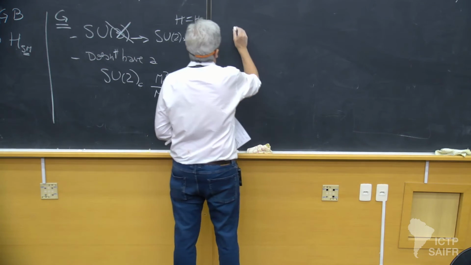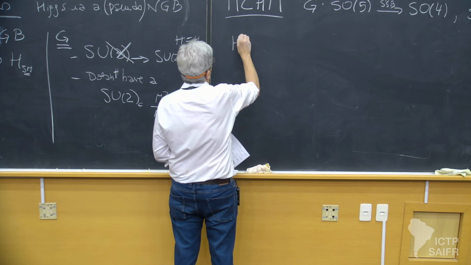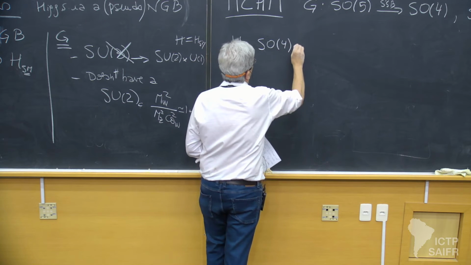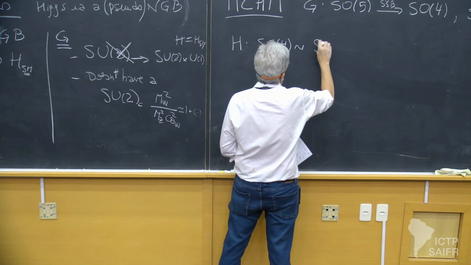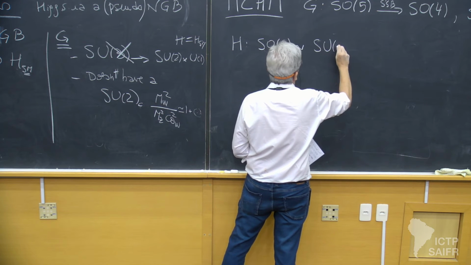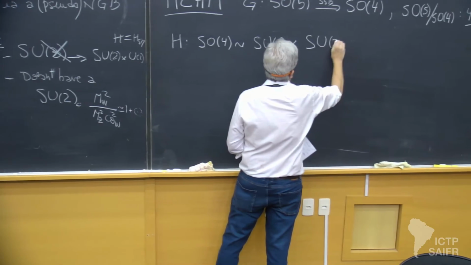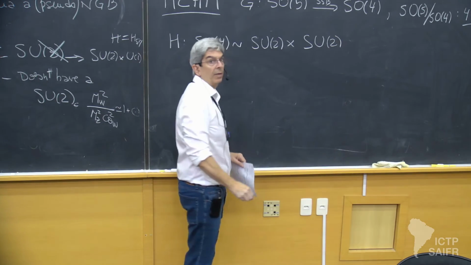So first of all, let's notice that H, which is SO4, can be written as, or is isomorphic, whatever your inclination is, to the product of 2 SU2s. Okay?